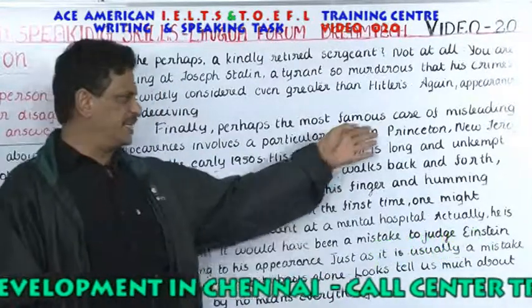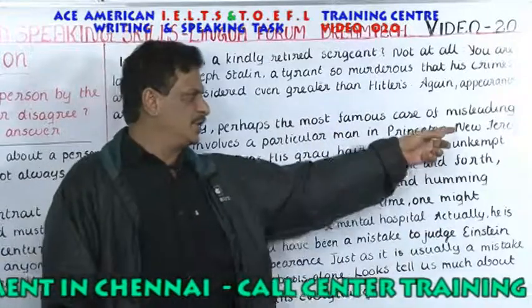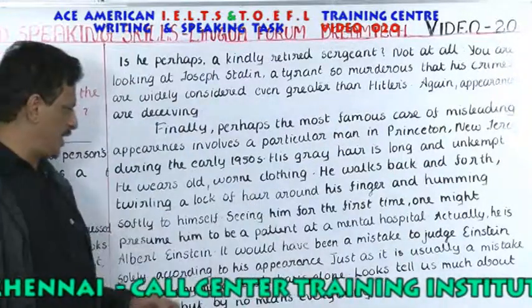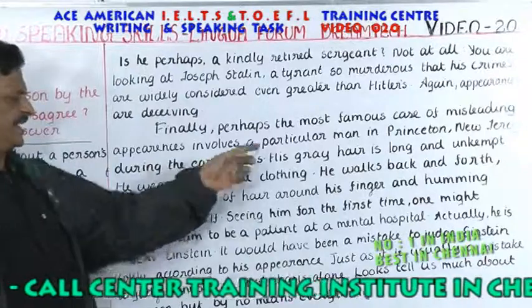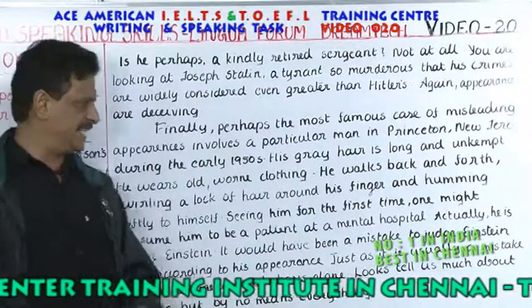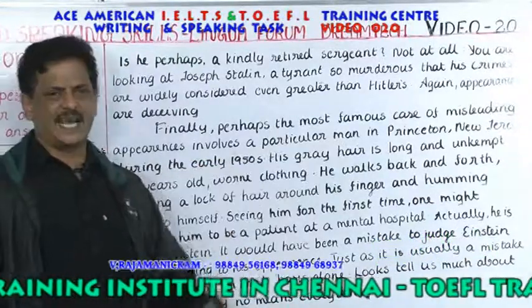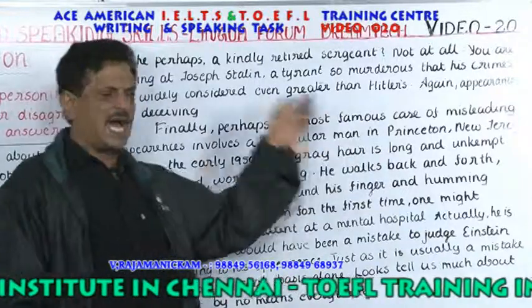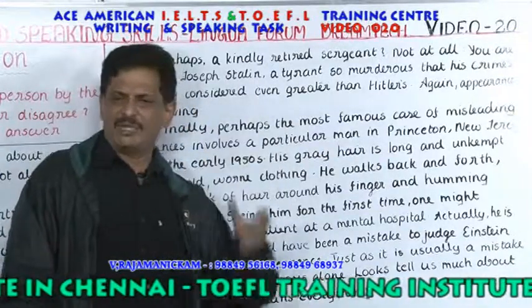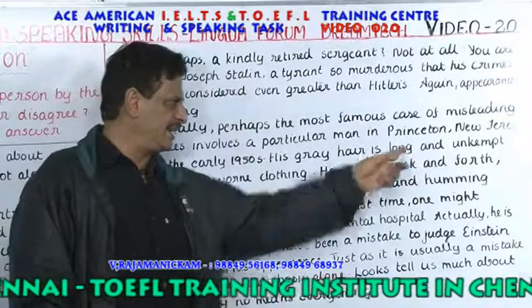இதற்கு உதாரணம் அமெரிக்காவிலே நியூ ஜெர்சி மாநிலத்திலே பிரின்ஸ்டன் என்ற ஊரிலே, during the early 1950s, 1950களிலே, his hair is grey, சாம்பல் நிற முடி, is long, நீண்டு கொண்டிருக்கிறது.